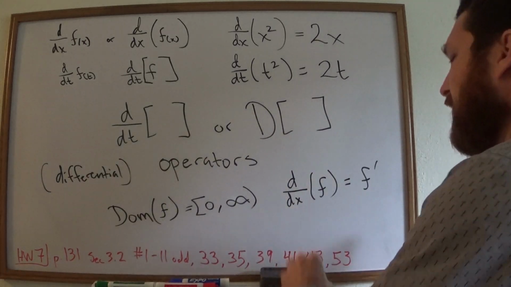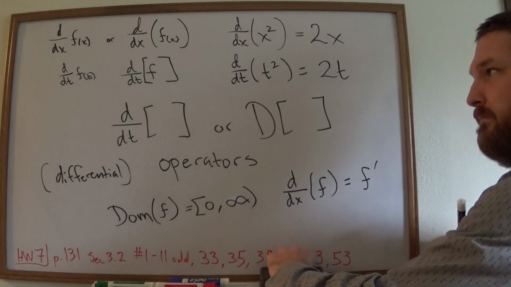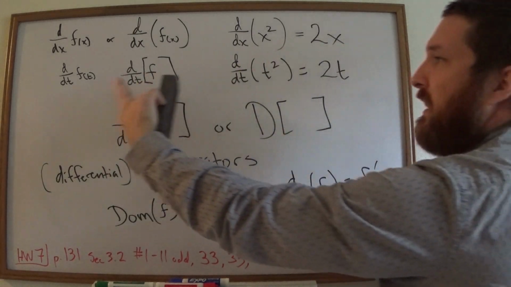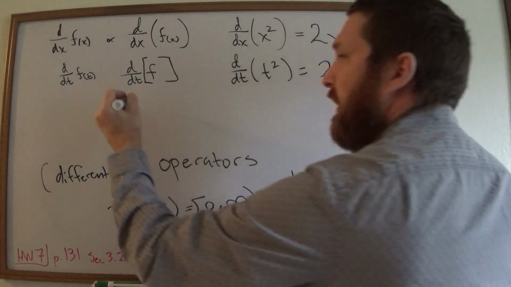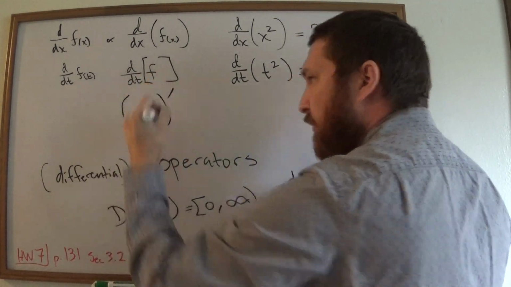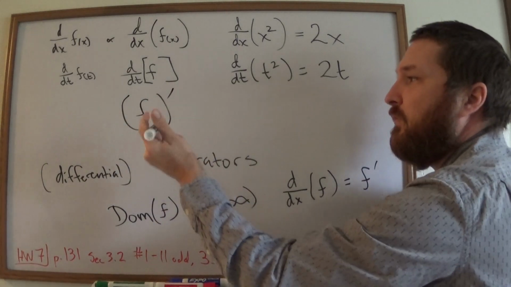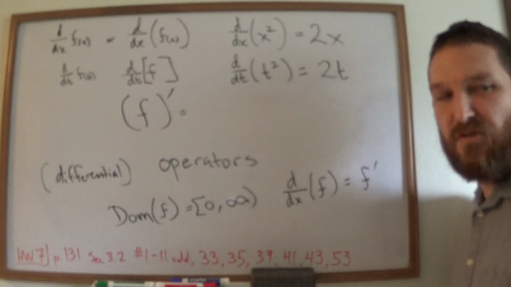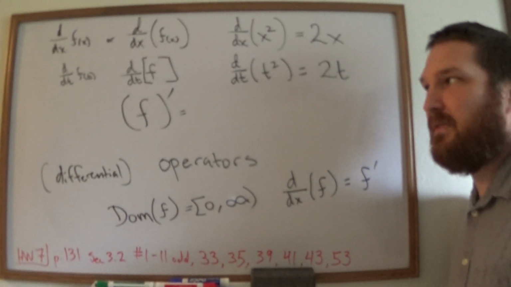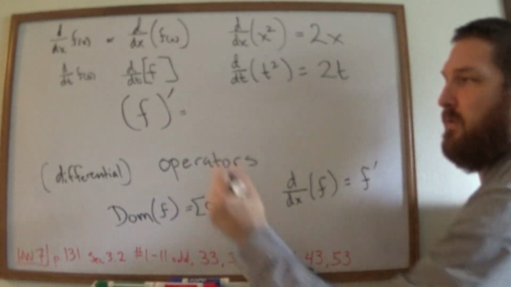Okay, now we're also going to use prime as an operator. The same way that I've done all of this right here, I could have just said, okay, take f prime. And what does that mean? Whatever f is, take the derivative of it, right? And I kind of think of operators as instructions. It tells you something to do with a function, and the thing you get back is a function.